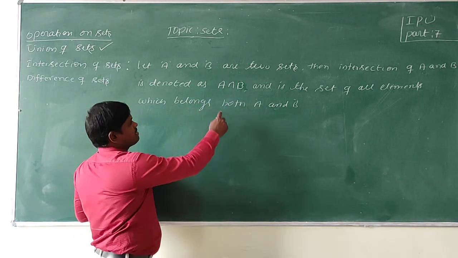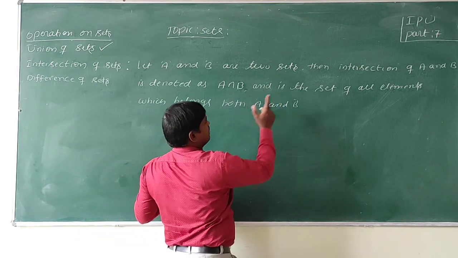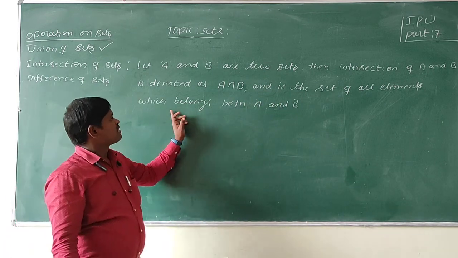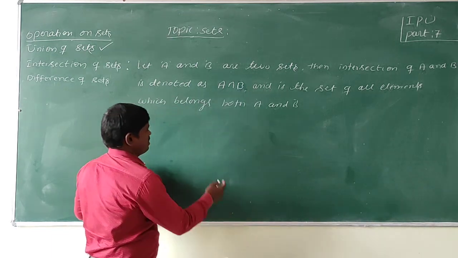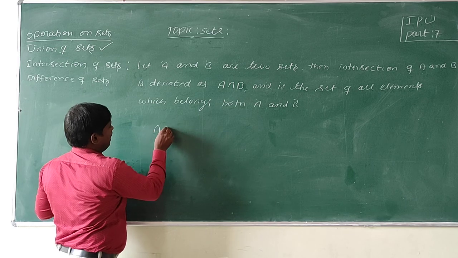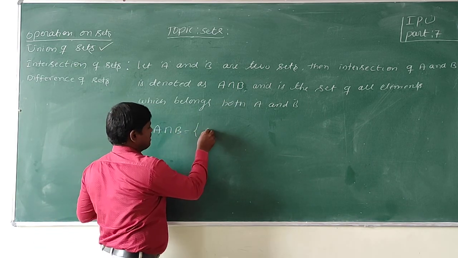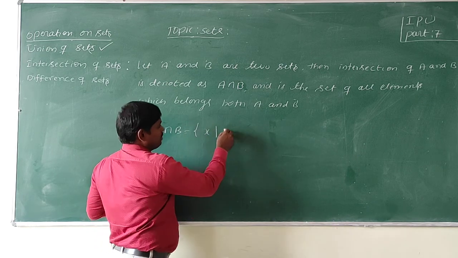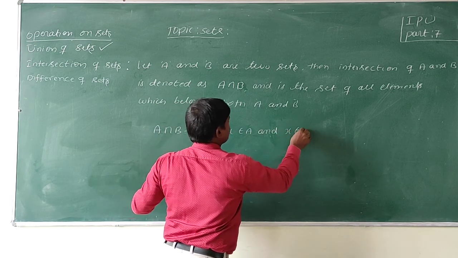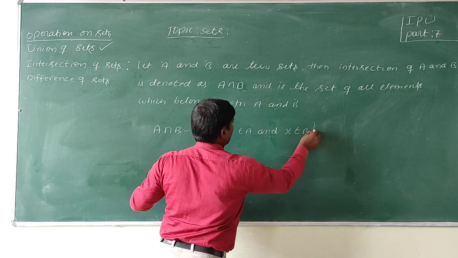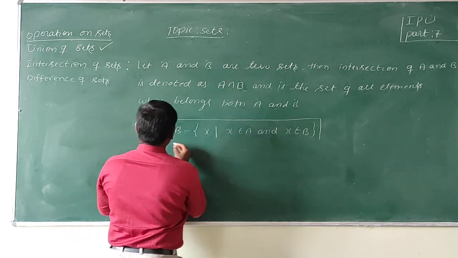It is denoted by A intersection B, and is the set of all elements which belong to both A and B. Mathematically, A intersection B consists of the elements x such that x belongs to A and x belongs to B. Okay, so this is the intersection of two sets.